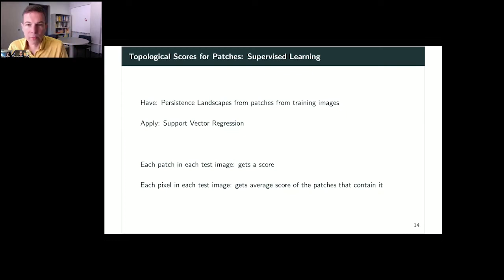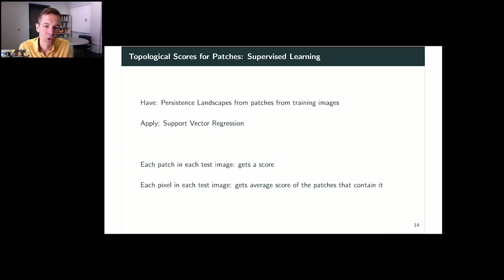But what we're most interested in is doing classification and regression. So this is a version of something called supervised learning. In this case, we have an experiment with 2 classes of data.